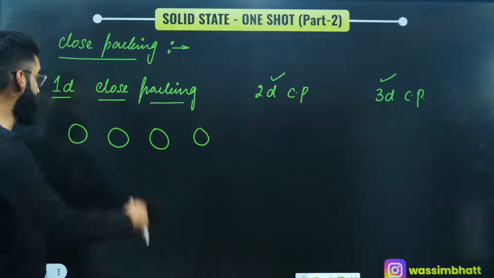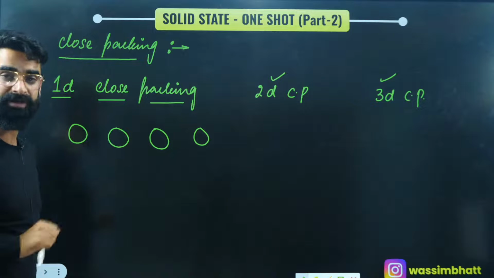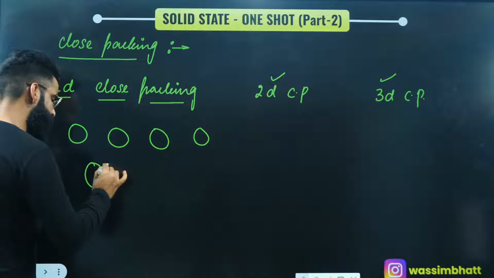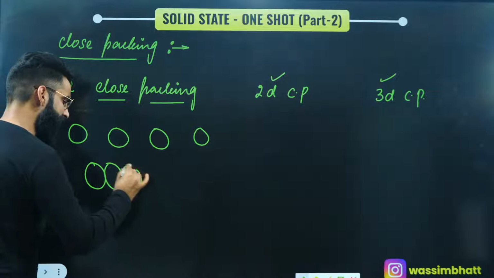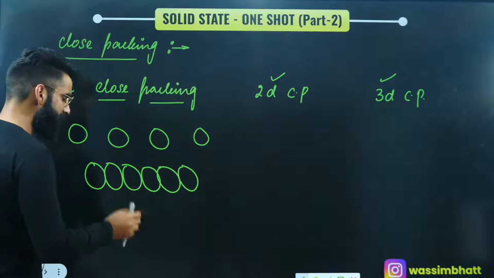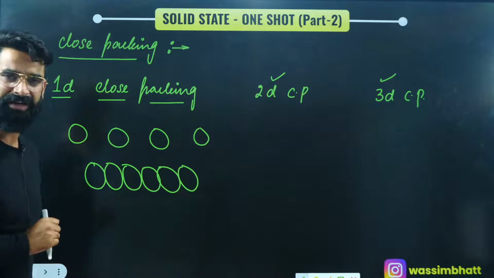Now, if I want to do the close packing of these constituent particles in one dimension, I need to arrange them along a line, along x-axis or y-axis or z-axis, in such a way that the empty spaces in between them get minimized, right?